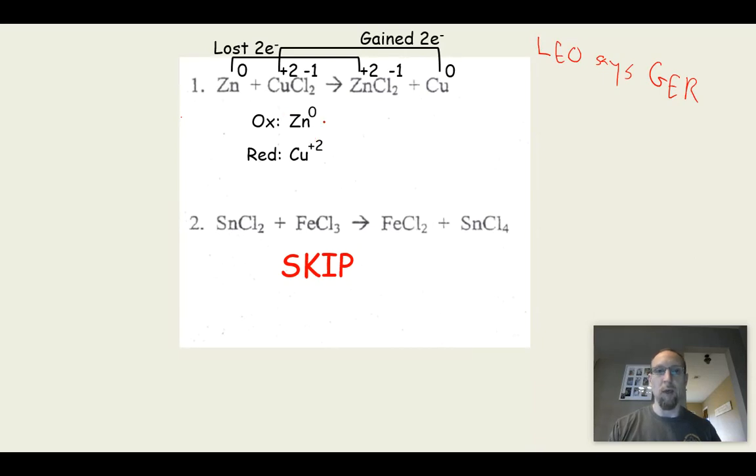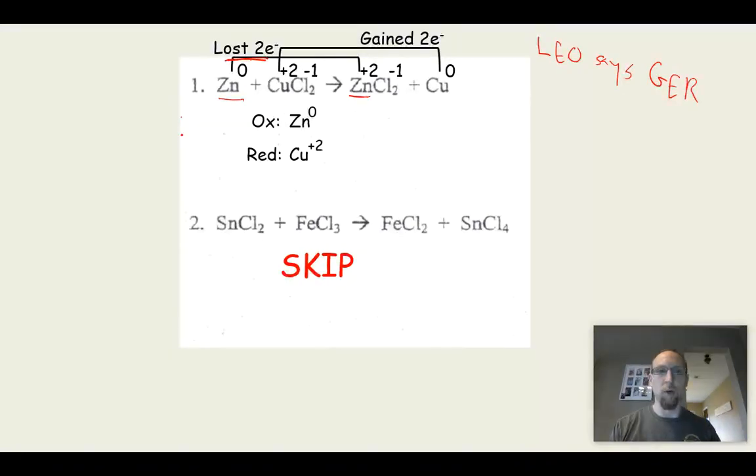So now we're going to complete the half reactions. All right, so that's the last step that I want you to do. That's new. That's what we did today. So zinc 0, so you're pulling that lost half of the reaction out of the equation. So zinc 0 is becoming zinc +2 by losing 2 electrons.